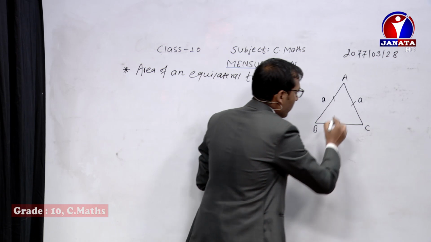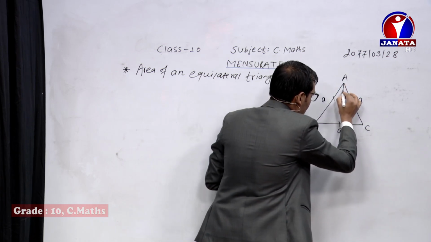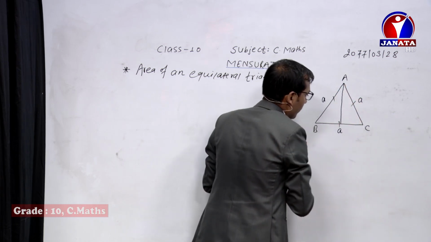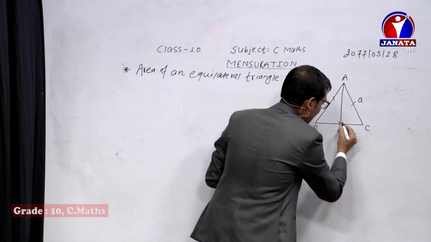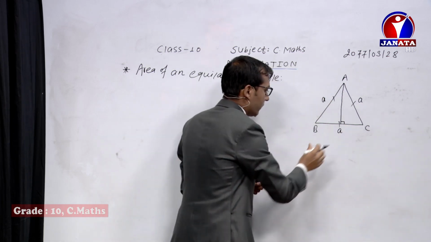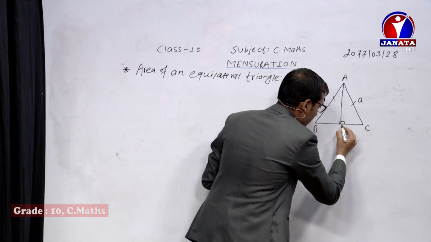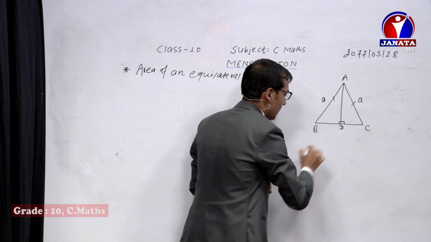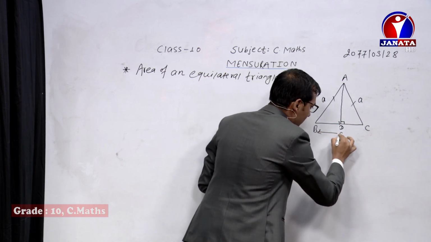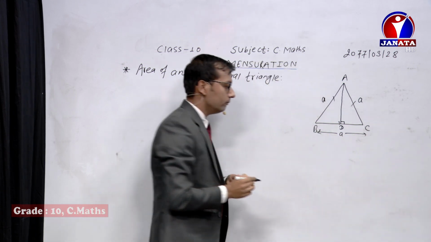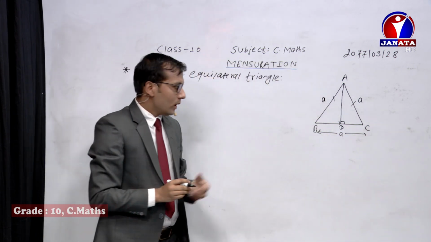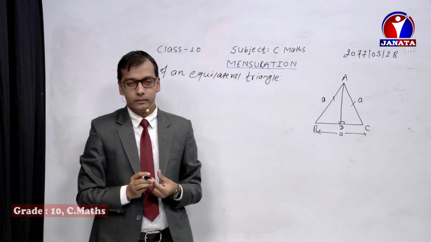For this, let's draw a perpendicular or height from the vertex. Let me write this point as D, and the base side is A. An equilateral triangle has a special feature.